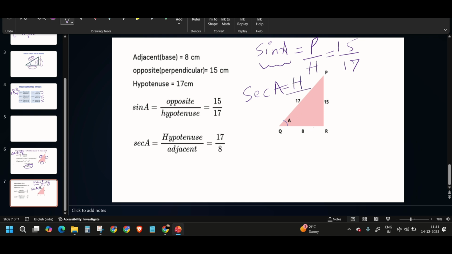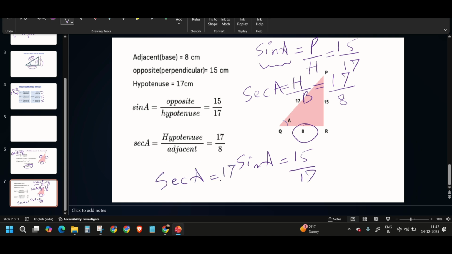The adjacent side here is the base. So hypotenuse upon base will give us the value of sec A, that is 17 upon 8. So our answers are sin A is equal to 15 by 17 and sec A is equal to 17 by 8.